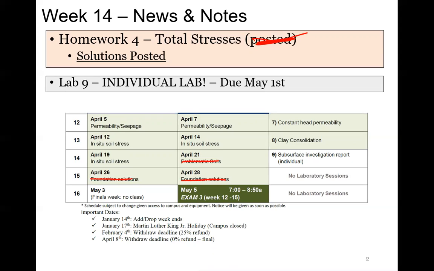Yes. Why is it an hour early? I don't know. That's literally just UNF sets the final schedule so they don't overlap with other classes. I wish. I don't know. I mean, years past, I've asked everybody what everyone's exam schedule is like.